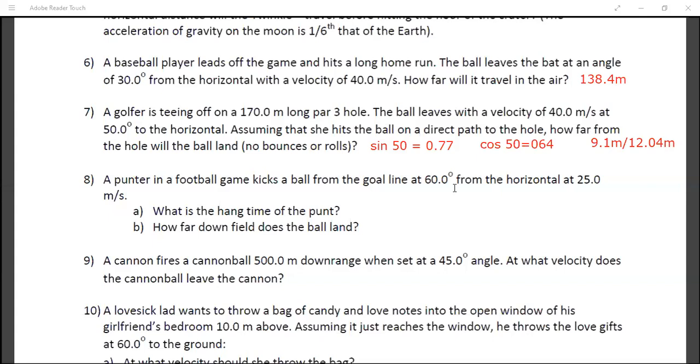A punter in the football game kicks a ball from the goal line at 60 degree from the horizontal at 25 meter per second. What is the hang time of the punt?